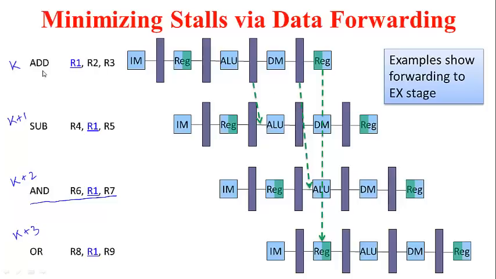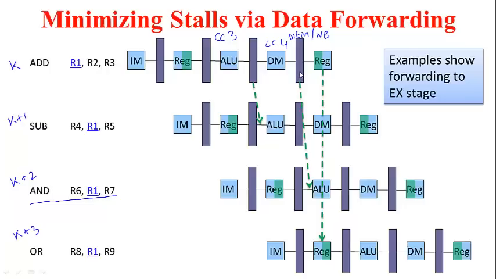This add operation has completed in clock cycle number 3, and at the end of clock cycle number 3, it would have written that value onto this latch, which would have passed on to this MEM write back latch by the end of clock cycle number 4, and in clock cycle number 5 is when we need this value of R1 for instruction k plus 2.